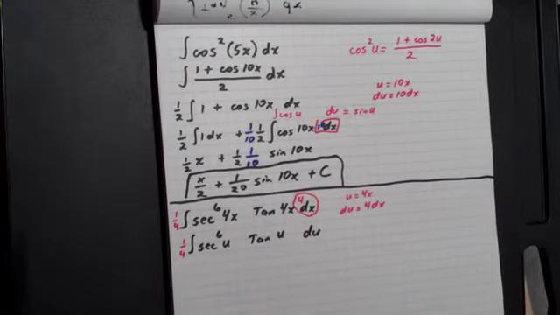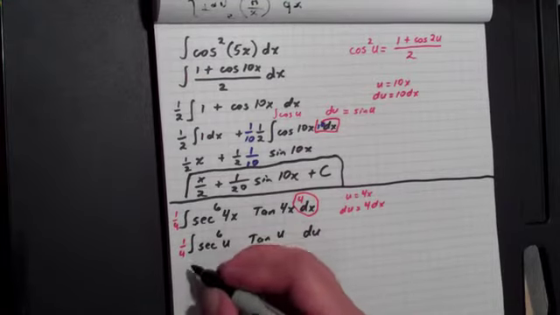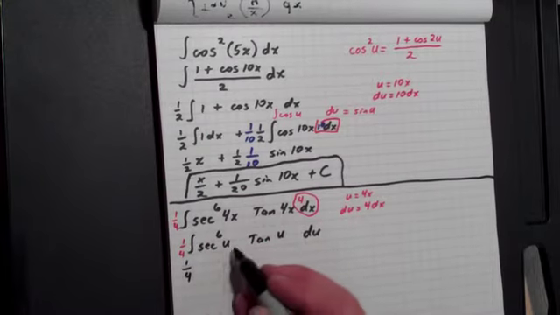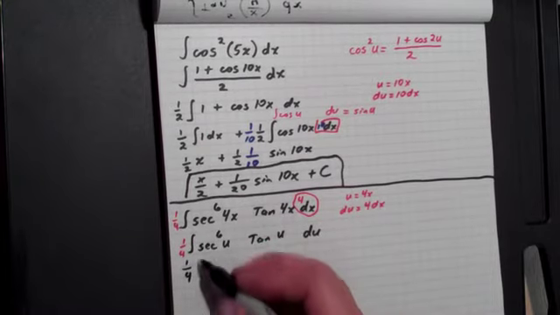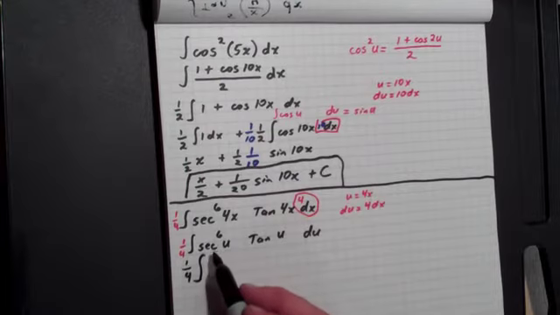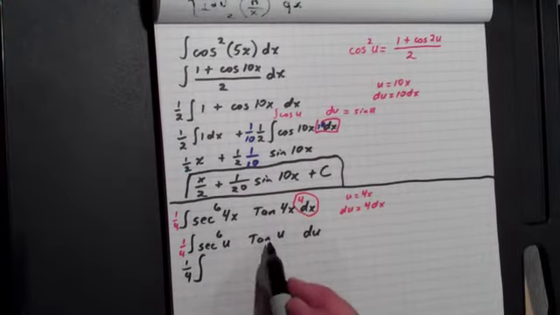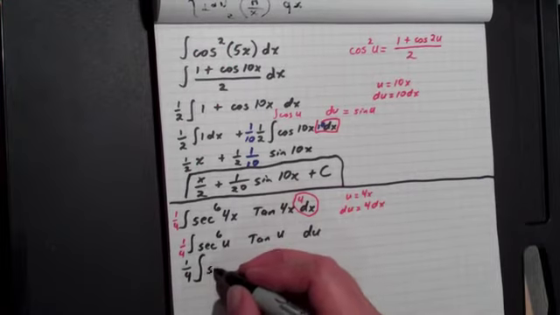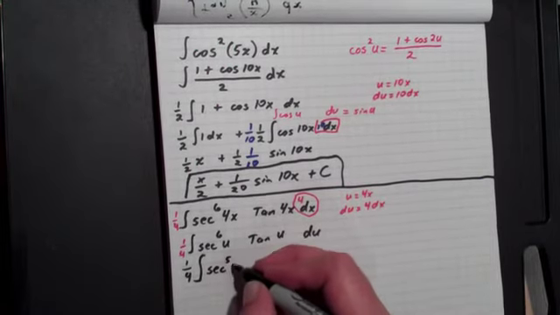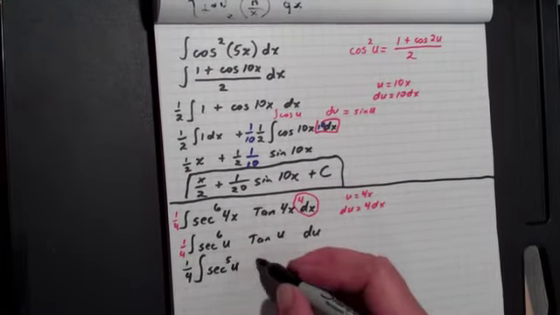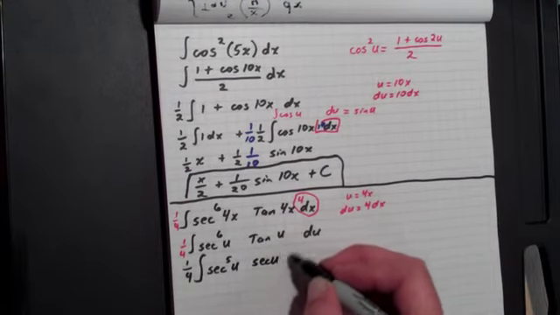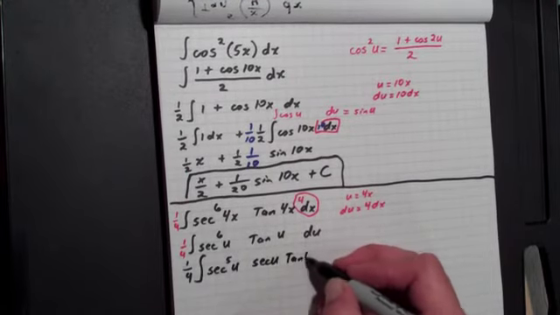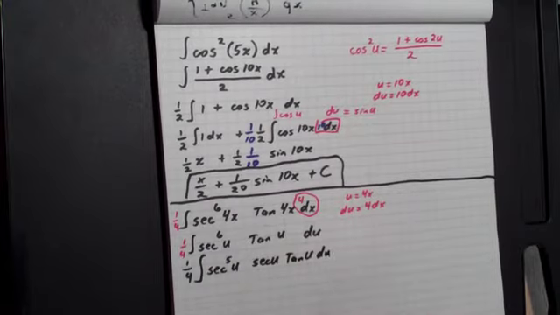Now I have everything in terms of u. What you're going to want to do is factor out 1 secant, because the derivative of secant is secant tangent. So if I was to call this secant to the 5th of u, to get secant to the 6th, I have one more secant and this tangent. And now I believe I have 1/4.